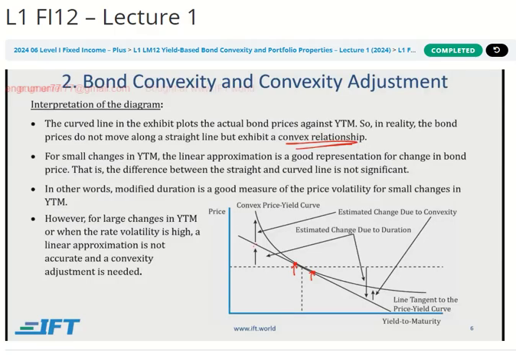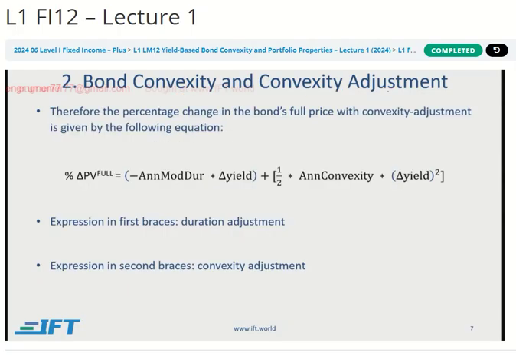But if your YTM is changing a lot, then clearly the price that your duration will tell you is going to be a lot different than the actual price that might be there in the market. So therefore, if you're expecting large changes in interest rate or you're expecting a high amount of volatility, then you need to take the convexity into account and make an adjustment for the convexity. So how does one do that?